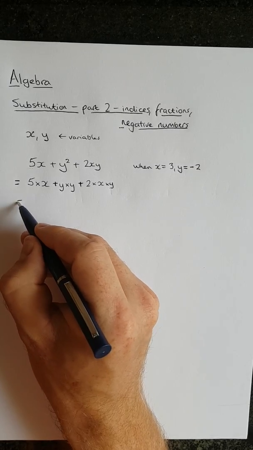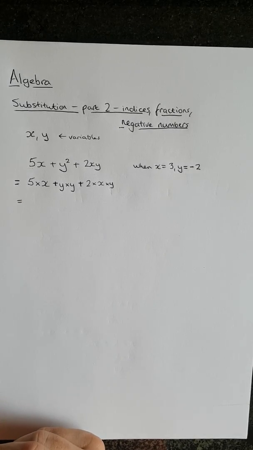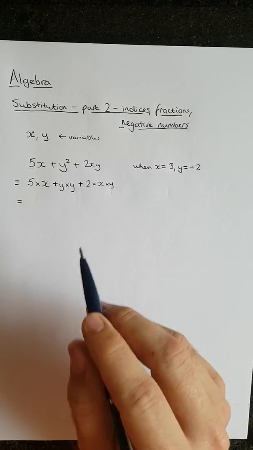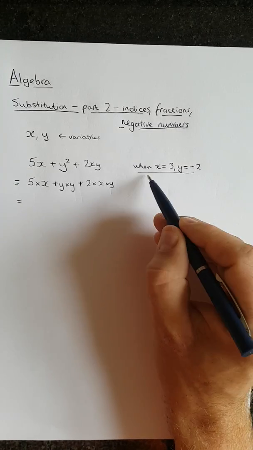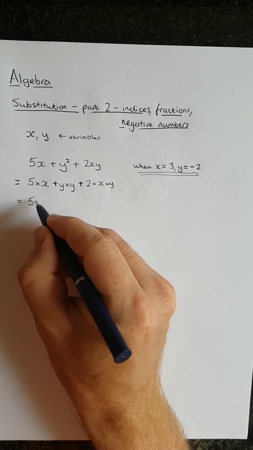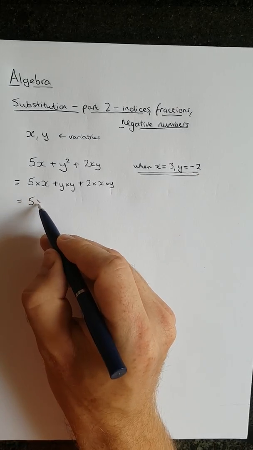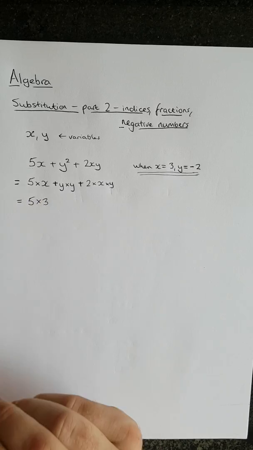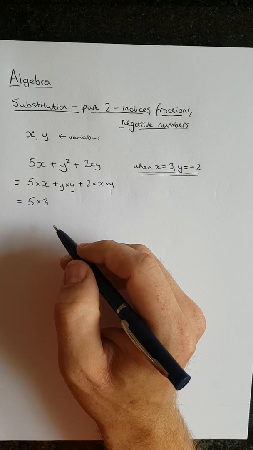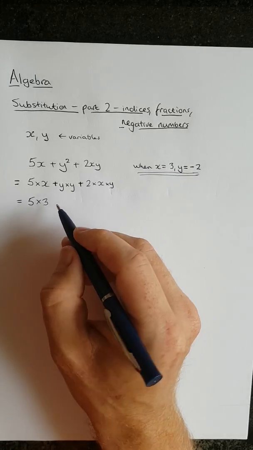Now, that's step 1, that's writing it out. Now we come to substitute. So, every place there is an x, I'm going to write 3. Every place there is a y, I'm going to write -2.